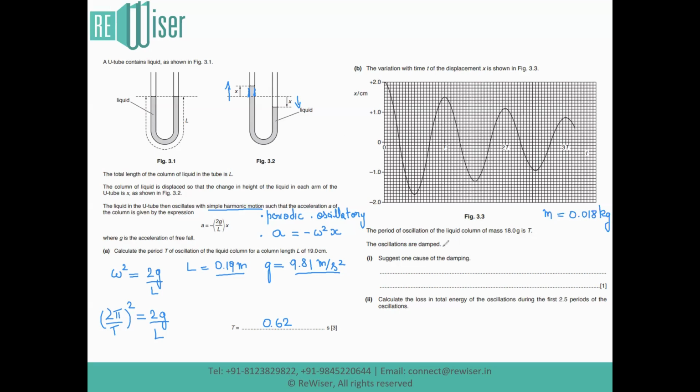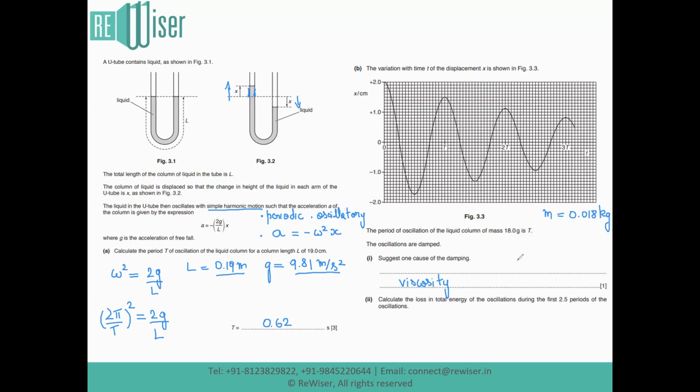And this is the particular reason why the oscillations are damped. So one reason we can positively state for the damping is the viscosity or the viscous drag force, also known as friction between the walls of the container and the liquid.